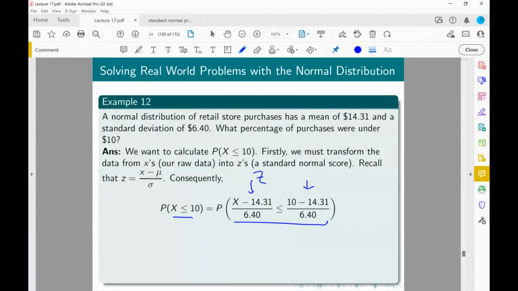If we simplify these terms, the left-hand side is Z, and computing this value gets us minus 0.67. So the problem boils down to finding the probability that Z is at most minus 0.67. Then we can use our tables and approximation techniques, which gives us 0.2514.